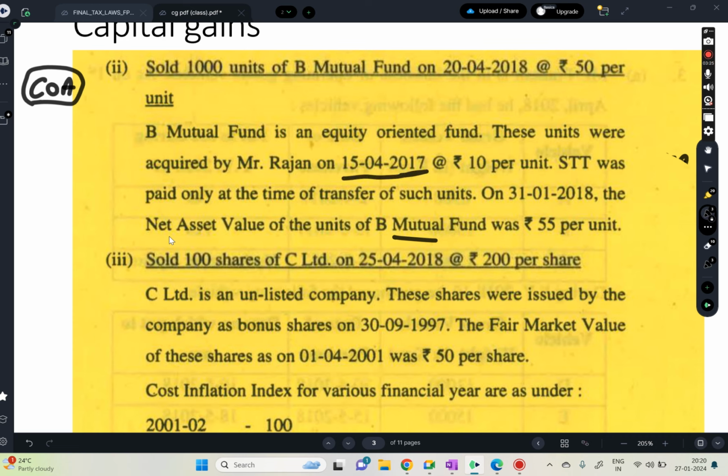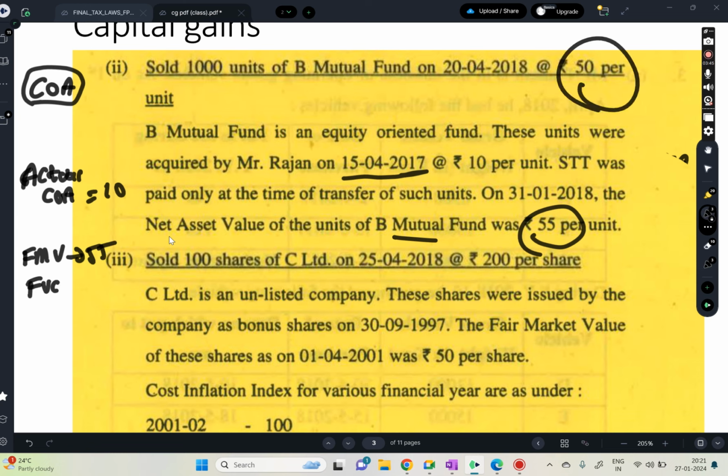Actual cost of acquisition is 10 per unit. FMV on 31/1/2018 is 55 and full value consideration is 50. We take whichever is lower, 50. Then we take whichever is higher between that and the actual cost. So the answer is 50. Clear on this? So the cost of acquisition is 50.